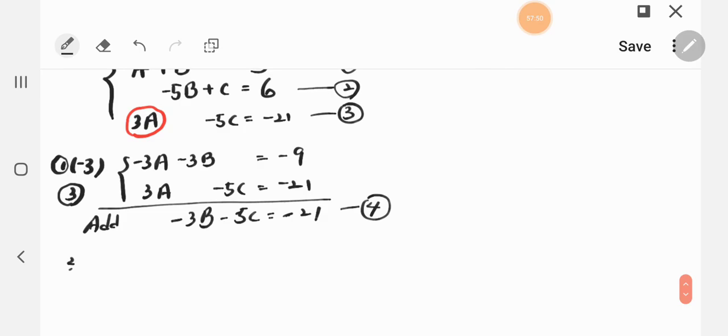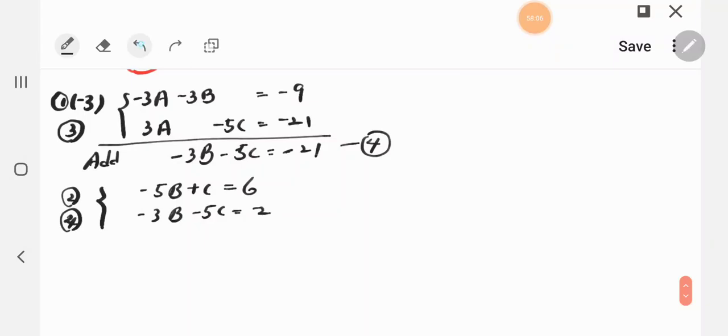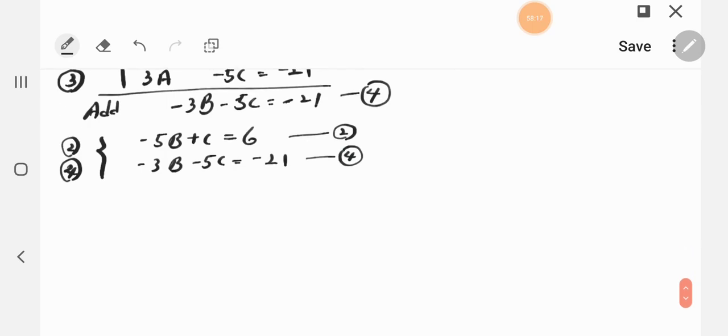Equation 2 is negative 5b plus c equals 6, and equation 4 is negative 3b minus 5c equal to negative 21. So let's get rid of variable c: multiply the second equation by 5 and add it to equation 4.